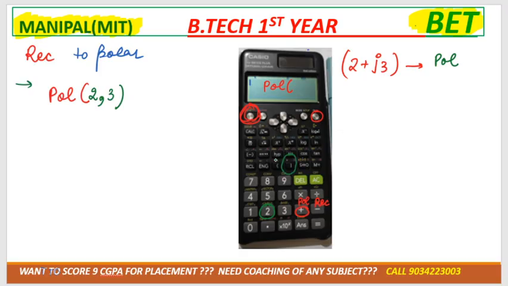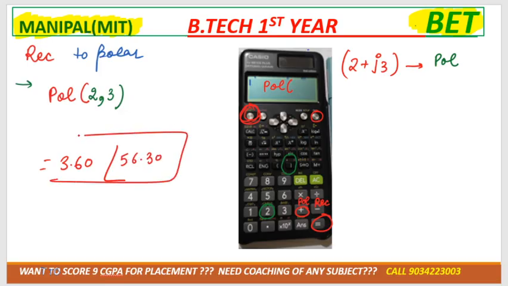So 2, comma, 3 and then close the bracket. Do it in your calculator, and then press equal to. You will get 3.60, and theta they have written. Theta is 56.30.